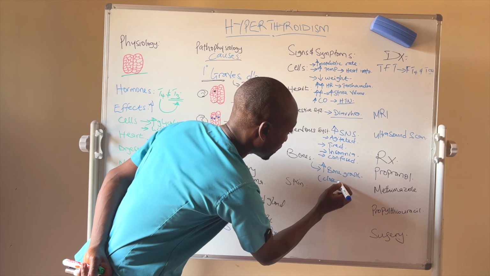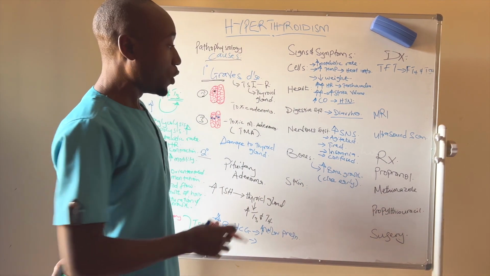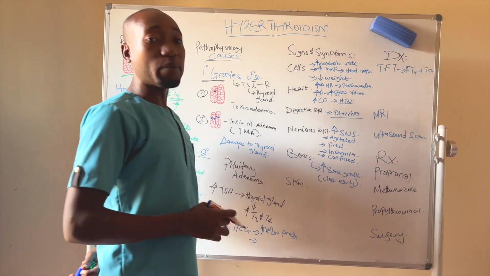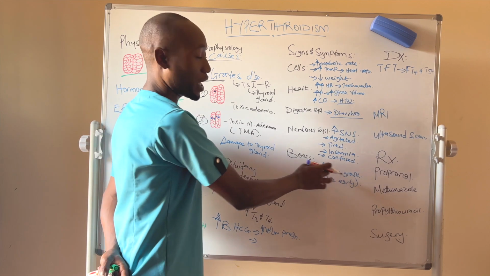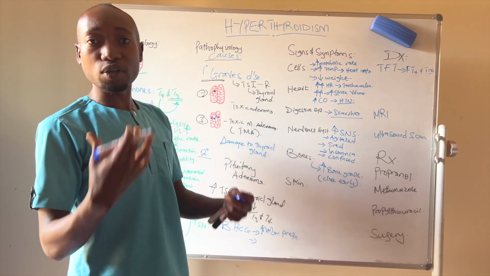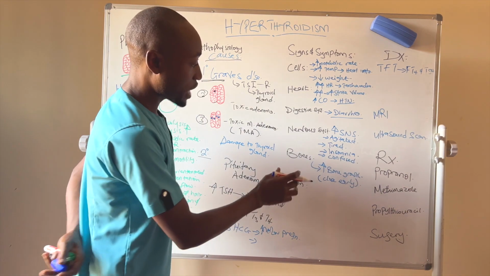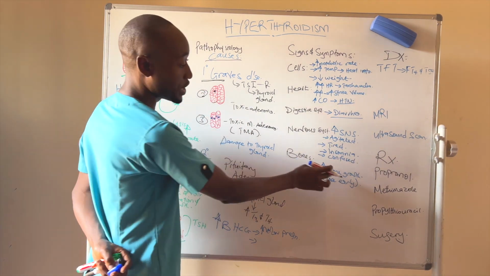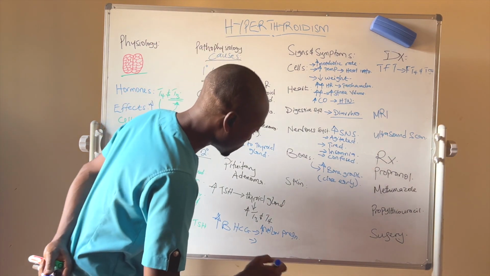Okay? They close early. So most of the time someone doesn't become really a giant as we would expect in this case. But also, you know that there are other hormones, like growth hormone, that also control growth of the person. That's why we don't have a very significant change in bone growth and maturation in hyperthyroidism.